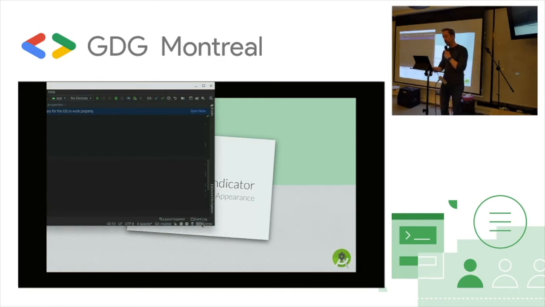Basically, this is called a memory indicator. It's going to tell you how much memory is used, but when you tap on it, it's going to actually force a garbage collection on the JVM from Android Studio.